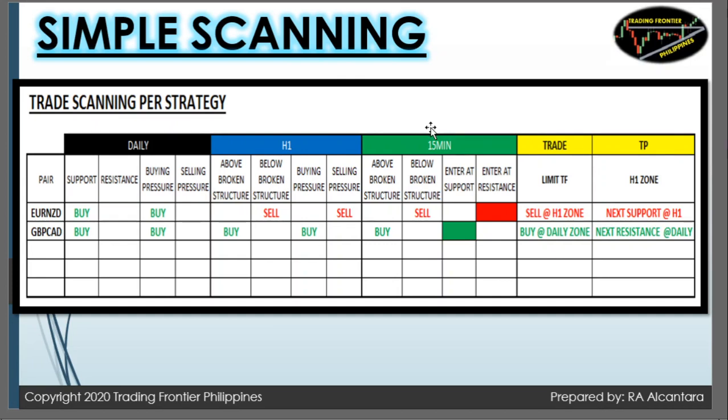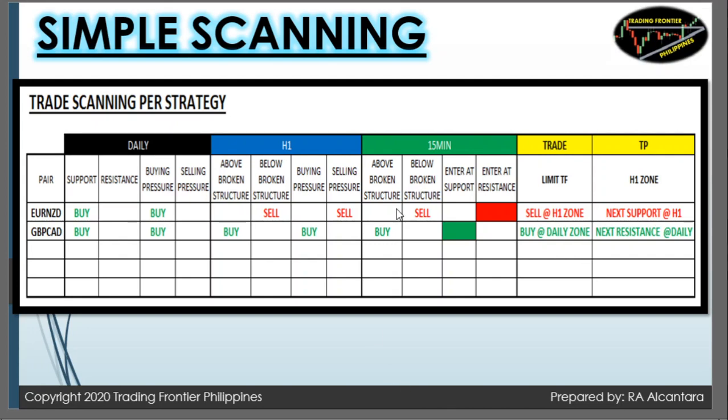So as long as you know what you are doing and you know that you have a simple strategy. If you don't have the system, definitely you cannot apply this simple scanning table. All right. So that is how you can find opportunities in the market and be selective in your trades.